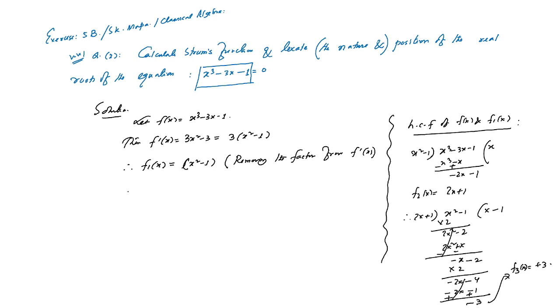So what are the Sturm functions? We can write f2(x) is 2x plus 1 and f3(x) equals plus 3.